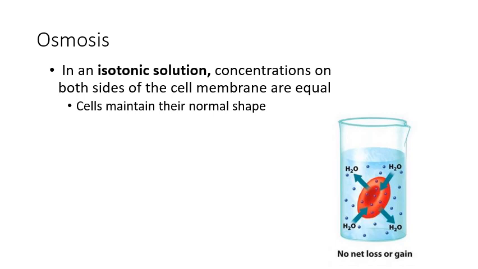And that's going to mean that the water on the inside and on the outside of the cell is going to move equally in both directions. So we'll have water moving into the cell, water moving outside of the cell, but osmosis is happening equally in both directions. So this is where the cell is happiest because the concentrations are even on either side of the membrane.